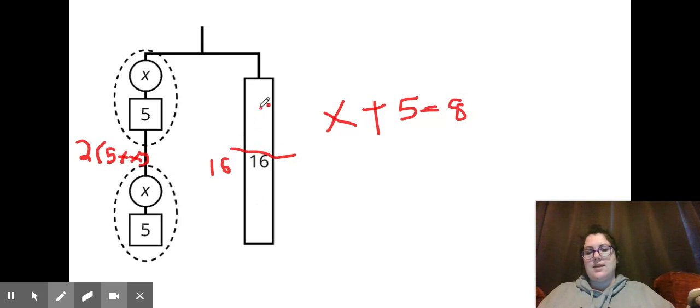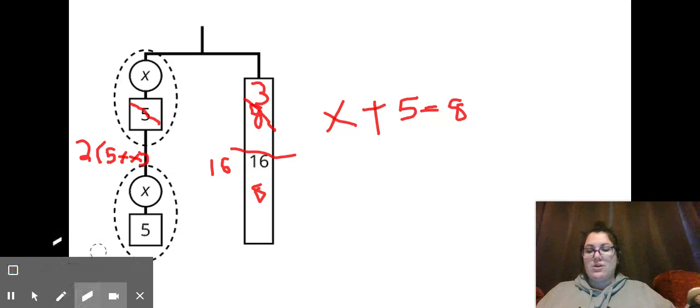If I have an unknown and a known, I can take away the known from each side. In this case, I'm only left with one variable, x equals 3.